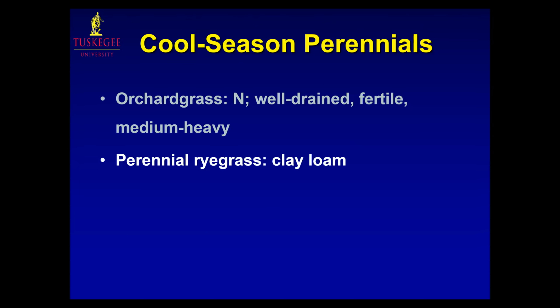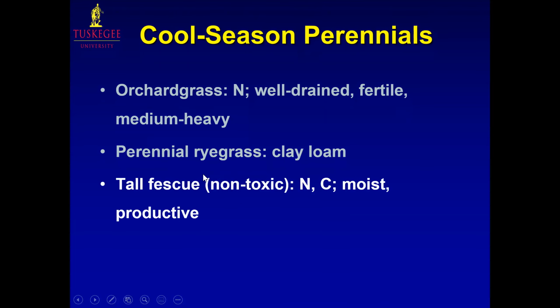Perennial ryegrass can be grown throughout the state. Especially it will be better in the northern part, but still it may be possible to grow towards the center as well. But this suits well with clay loam type of soil. Tall fescue, also in the central and northern portion of the state, will require moist, productive soil to grow.